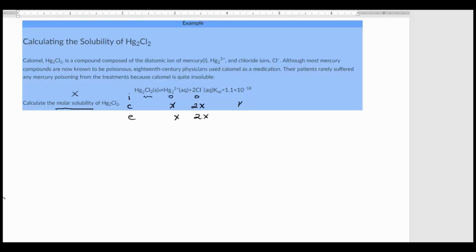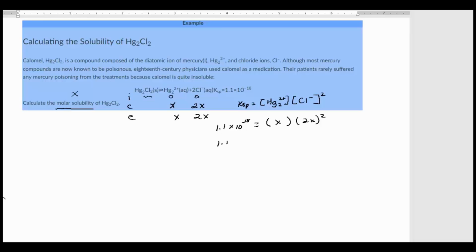So the KSP is going to be dependent on the concentration of that mercury ion times the concentration of that chloride squared. So when I put in the concentrations that I have, x, and then I have 2x that is squared. My KSP value was given as 1.1 times 10 to the negative 18. I then need to just solve for x in this case.